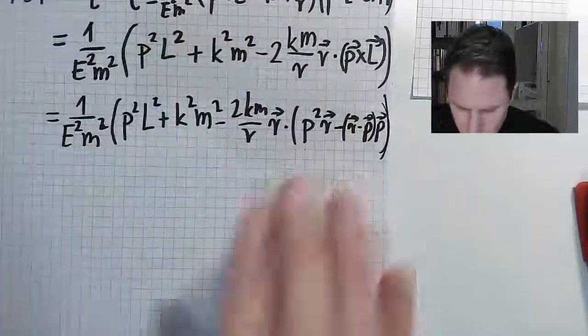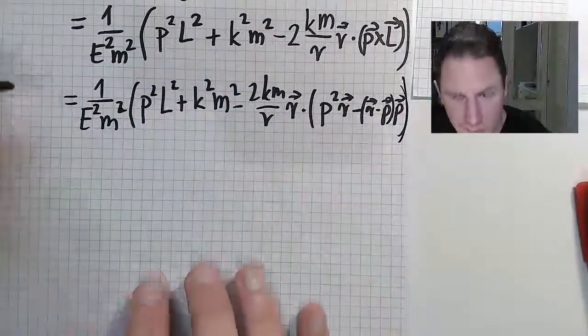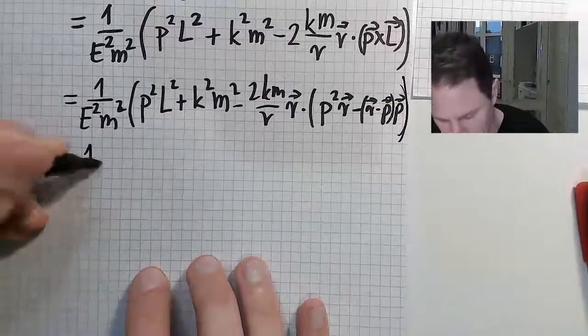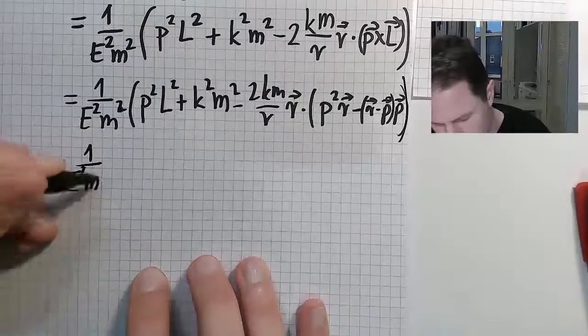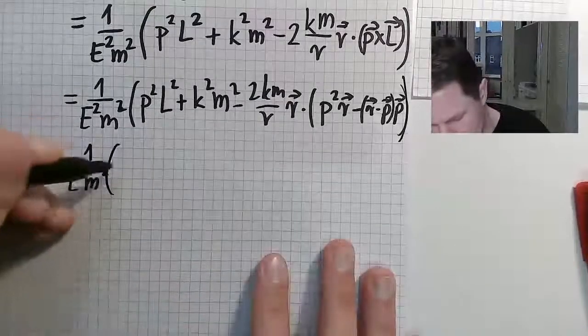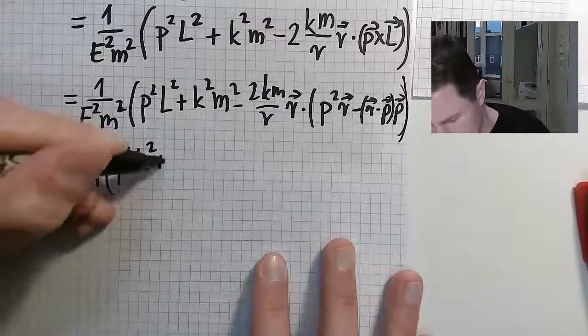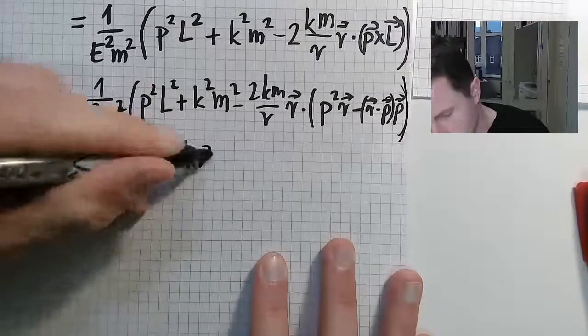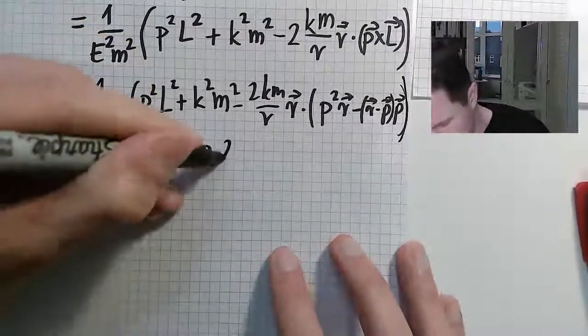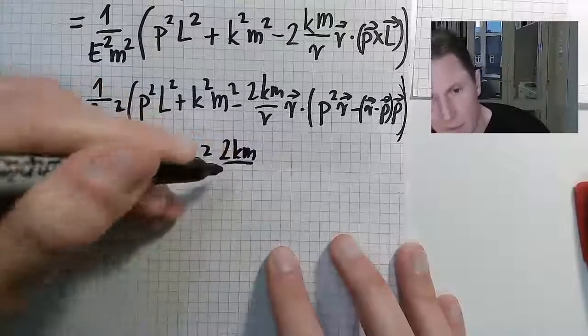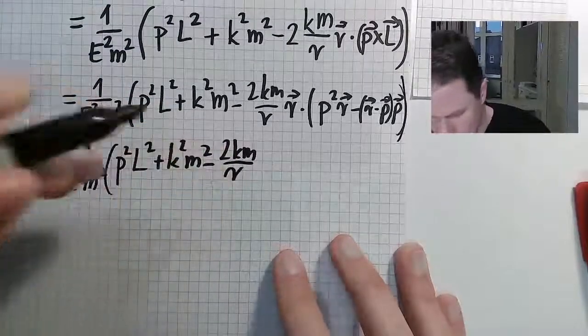Okay, so this is how it can be rewritten. So what we are left with here is 1 over e squared times m squared times p squared times l squared plus k squared times m squared minus 2km divided by r.